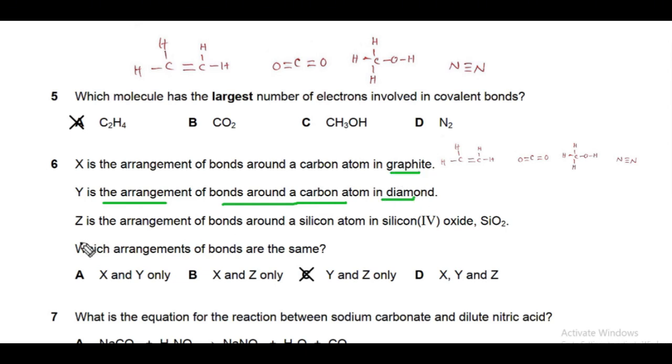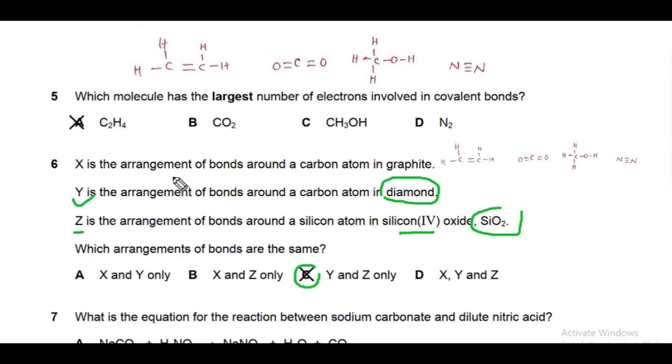Z is the arrangement of bonds around the silicon atom in silicon(IV) oxide, SiO2. Which arrangements of bonds are the same? Y is diamond, tetrahedral, and Z is silicon dioxide, also tetrahedral. So C is the right answer, Y and Z.